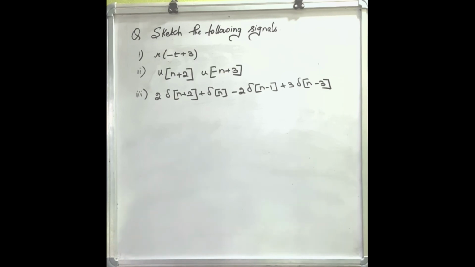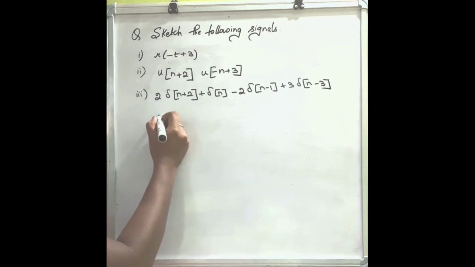Third is 2 del of n plus 2 plus del of n minus 2 del of n minus 1 plus 3 del of n minus 3. So all three have different signals. First is the ramp signal, then comes the unit step signal, and the third is the delta signal. First we'll go with the ramp signal.